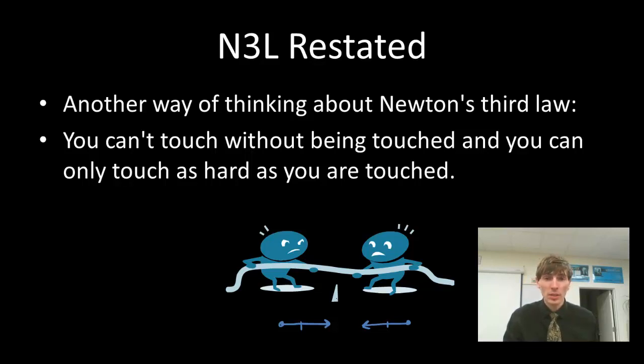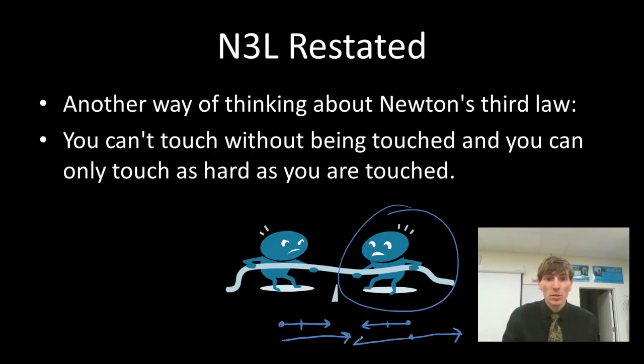So when we have this tug of war here, if all of a sudden this person can pull harder than this person can handle, so let's say for example right now they're at rest and there's some friction force on the ground with the shoes, and right now it's balancing out. Well, as soon as this person pulls any harder, and this goes up, and this goes up, because those are going to be equal.